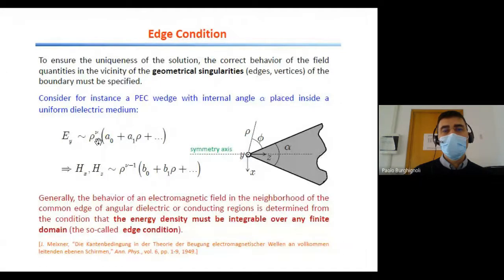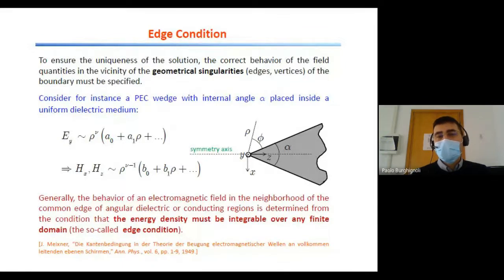And Maxwell equations then allow us to find the magnetic field components, which will also be expressed in terms of a power series proportional to rho to the power n minus 1.